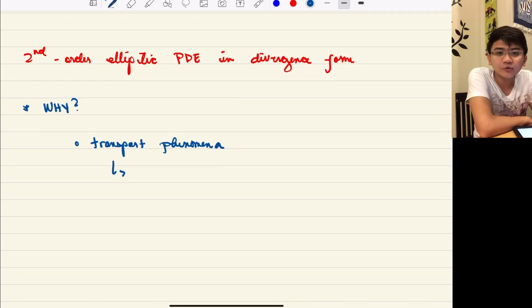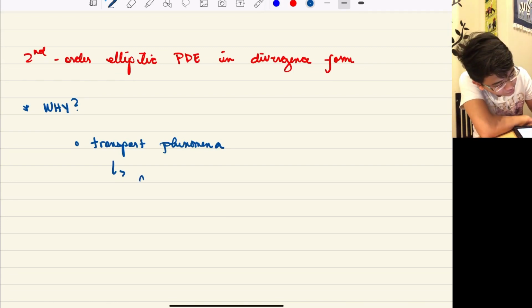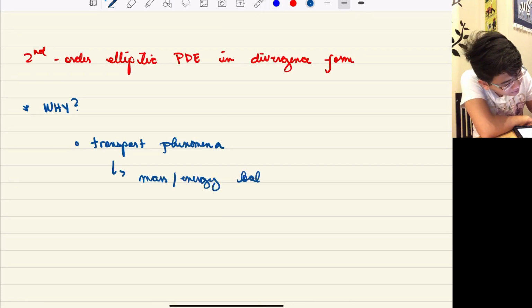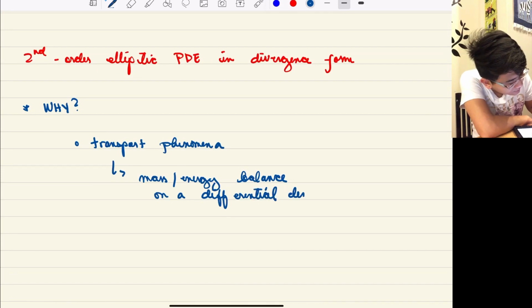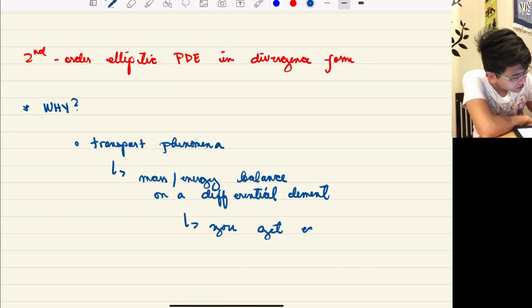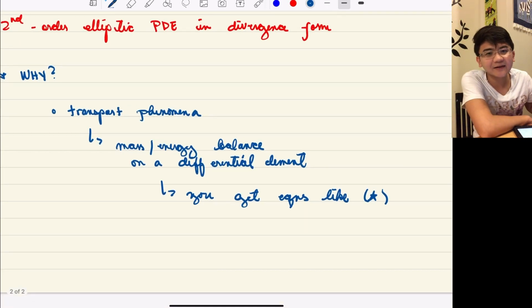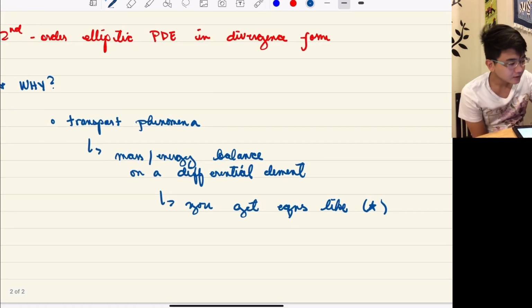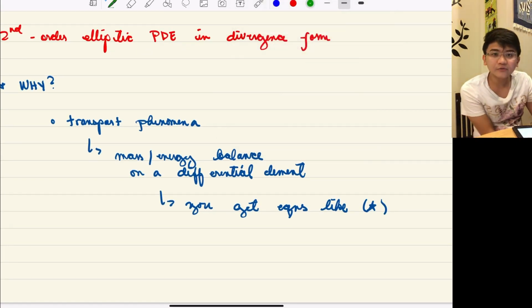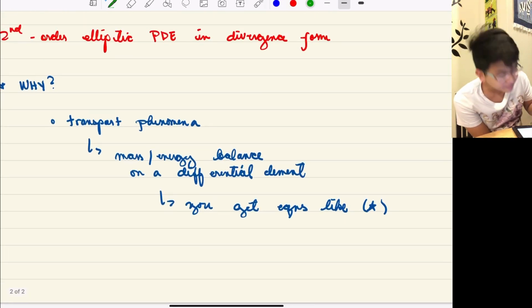The connection to the PDE that we're looking into is that when you do mass and energy balances on a differential element, you get these PDEs. You get equations like star. So what do I mean when I say do a mass or energy balance? Usually what engineers, for example, would do is take a differential element, which would be some kind of a little thing.